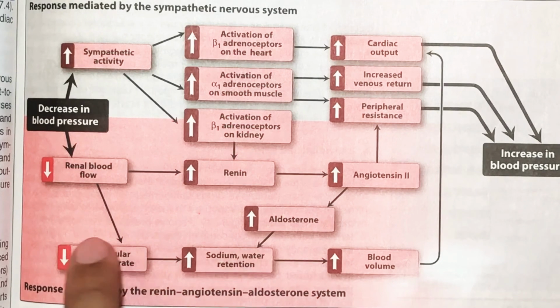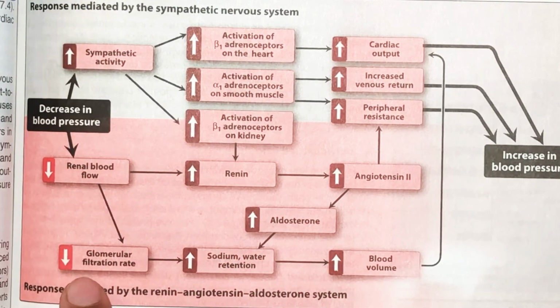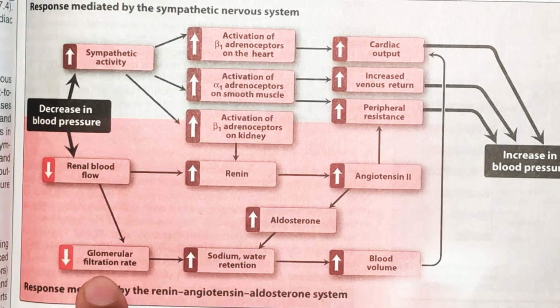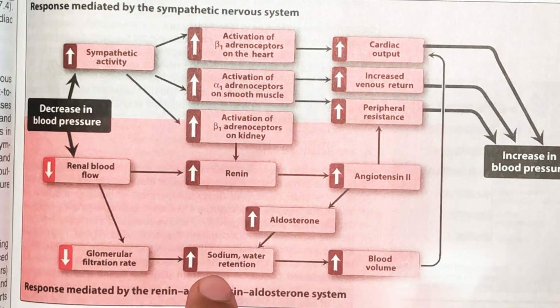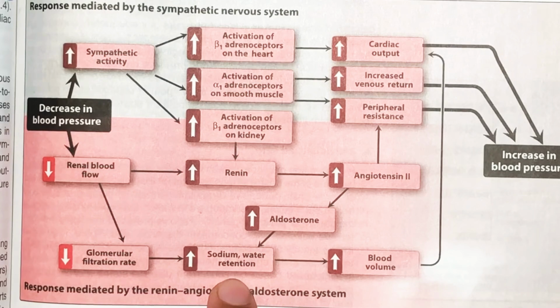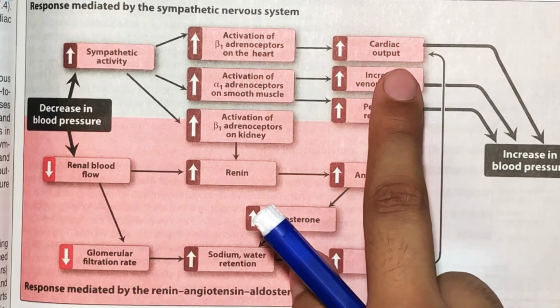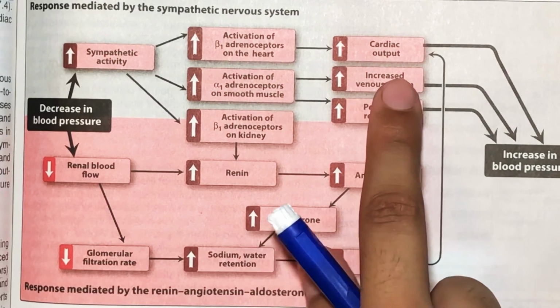So when there is decrease in the renal blood flow, the glomerular filtration rate is decreased, and this decrease in glomerular filtration rate causes the nephron to reabsorb more sodium and water back into the body, so that there could be increase in blood volume, and this blood volume will ultimately cause cardiac output to be increased.